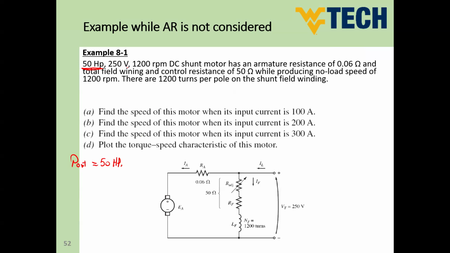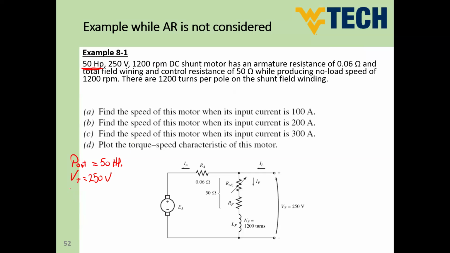250 volt. So this is the terminal volt of our motor. So we can say V_terminal equals 250 volt. 1200 RPM. So this is the given speed, which is the rated motor speed at no load. So this is called omega_0, but here it's in RPM.